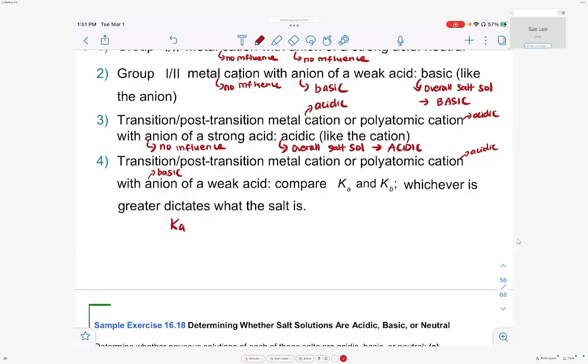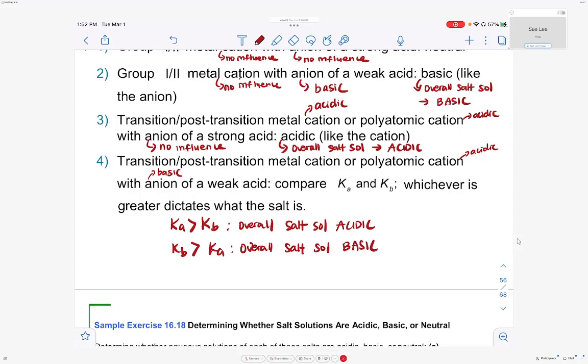Again, if Ka is larger than Kb, the overall salt solution is going to be acidic. If Kb is larger than Ka, the overall salt solution is going to be basic.